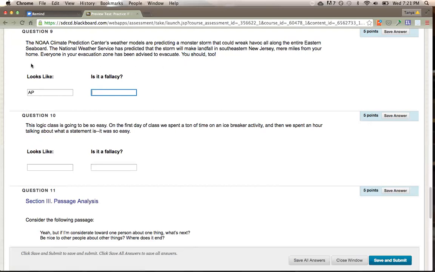And similarly, if this is a good argument, we should trust that everyone is doing this for a good reason. And we've been given that reason. They've been advised, presumably by somebody official who knows what they're doing.